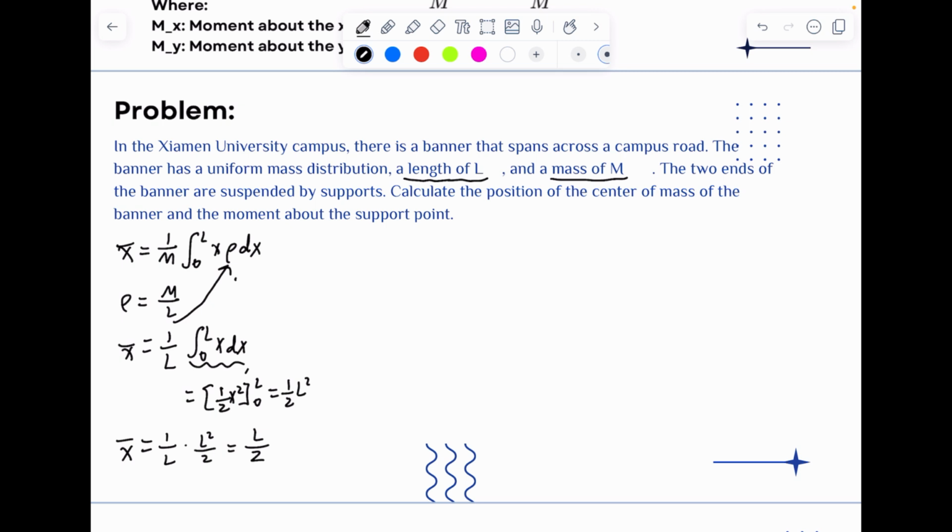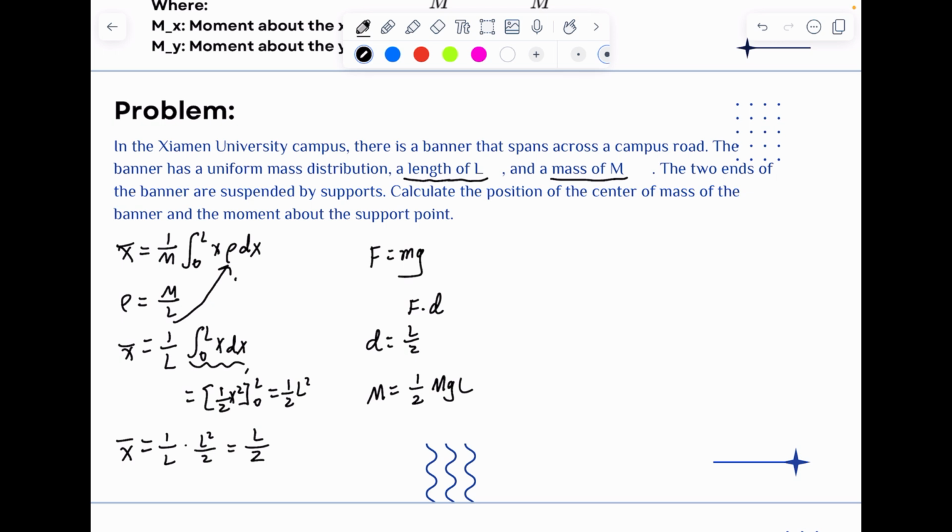First, F equals mg, and the moment equals F times d, because d equals L over 2, and this m is mass.